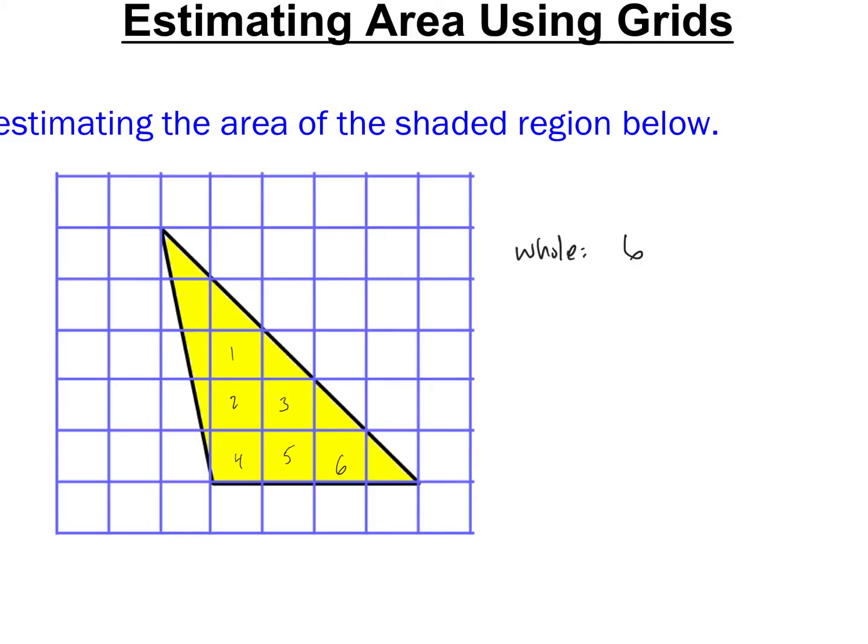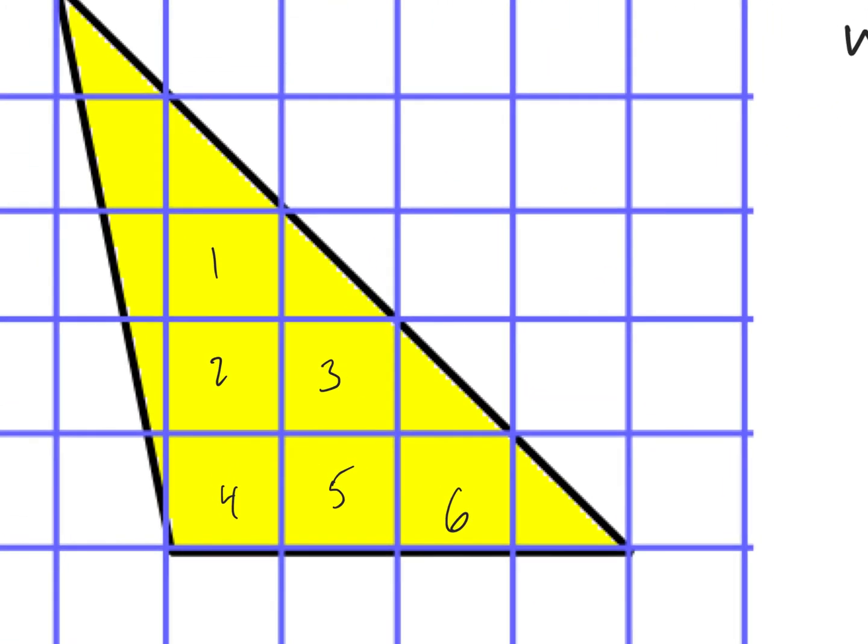Now, obviously, there's more than that because of those partials. But now what we need to do is try to figure out the partials. Okay? So, let's take a look at that triangle some more.